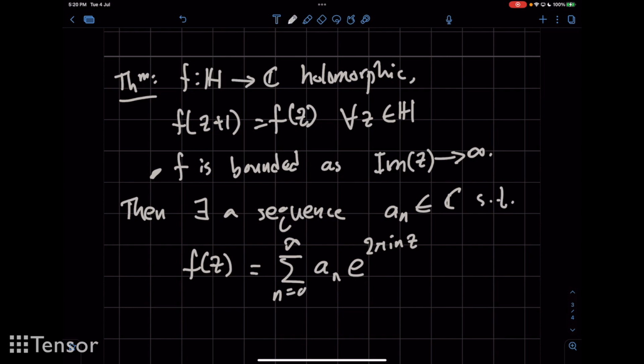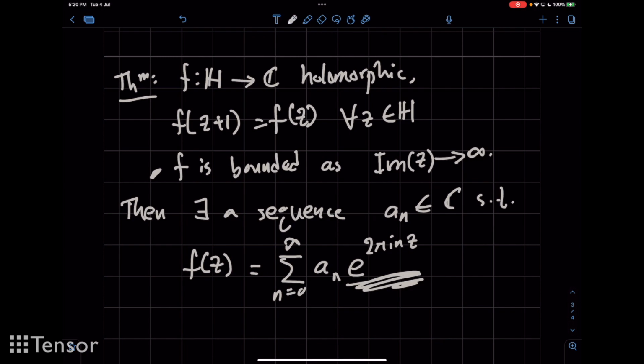Does it have to be one periodic or work with any period? I believe it works for any period, because then you just need to modify this part.